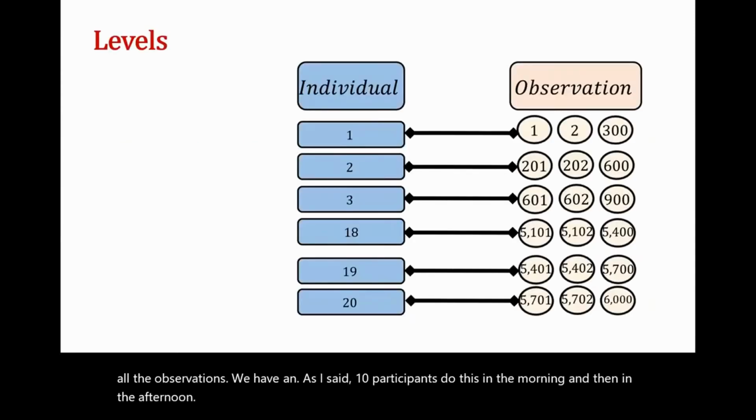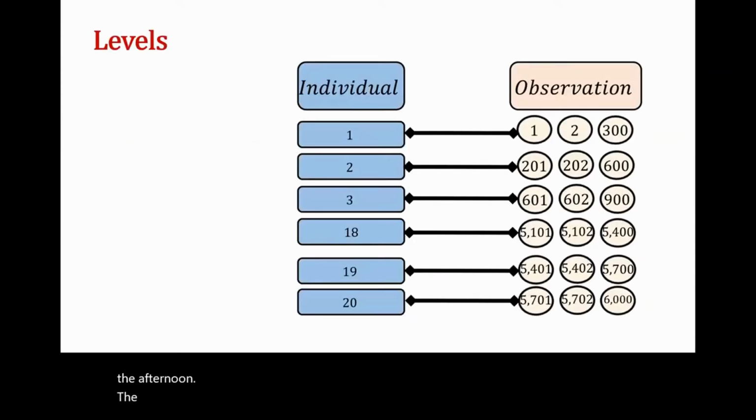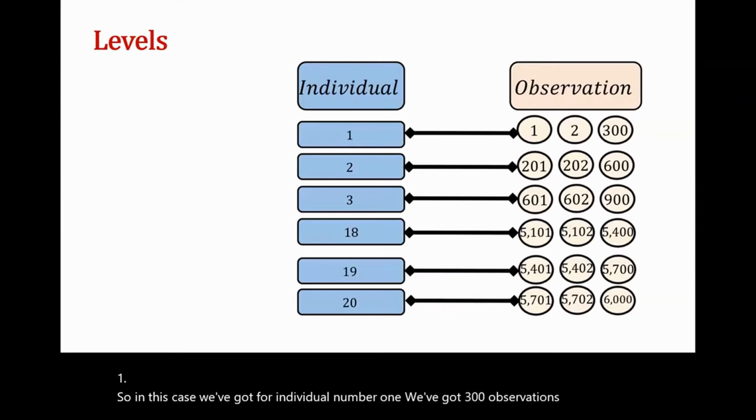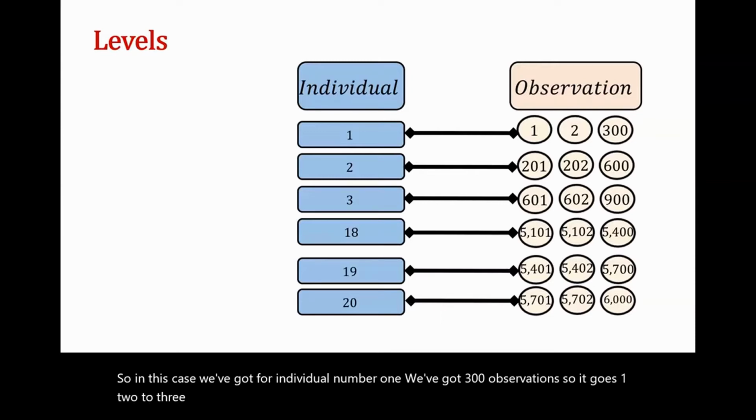Now, the levels that we can use for this study: the individual is level 2 and observation is level 1. For individual number 1, we've got 300 observations, so it goes 1, 2 to 300. For individual 2, we've got observations 301, 302, up to 600.